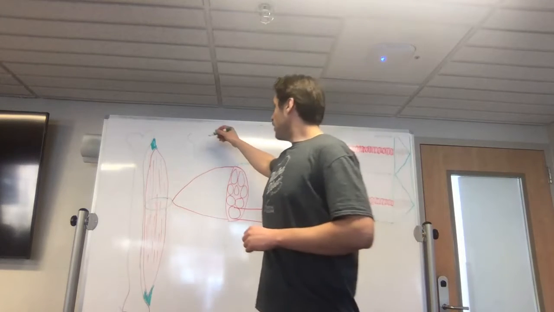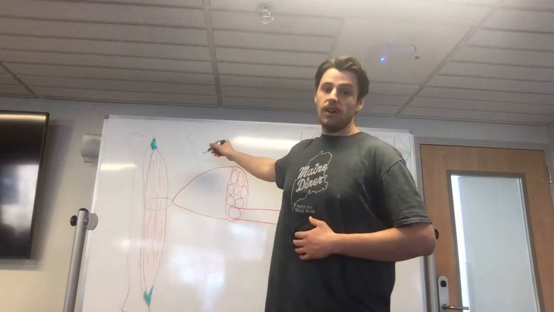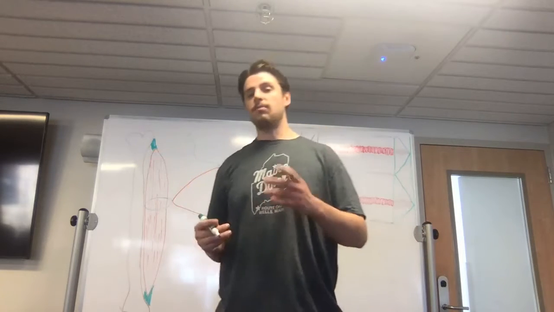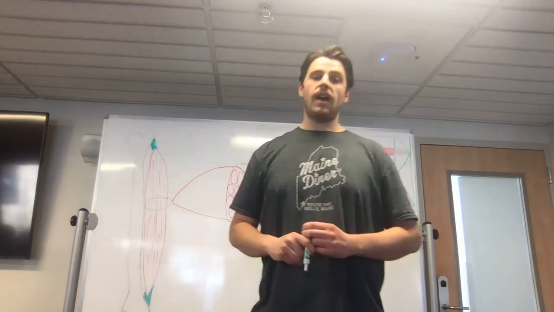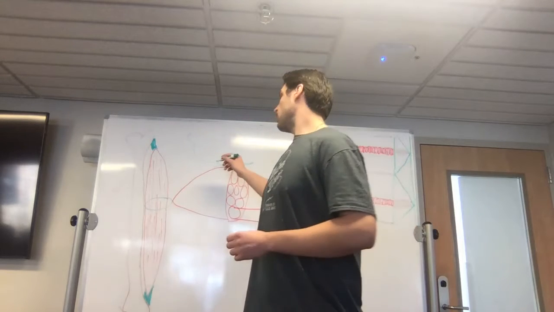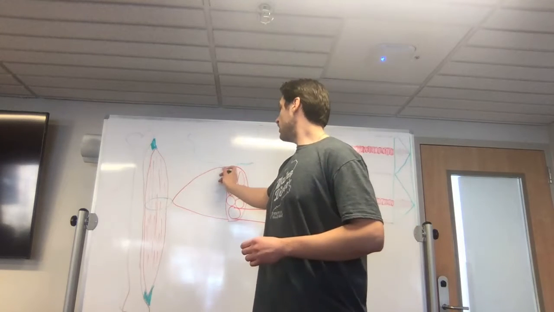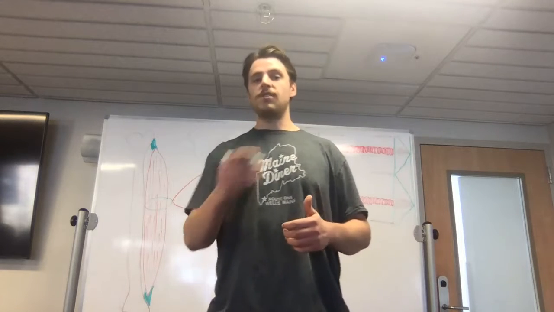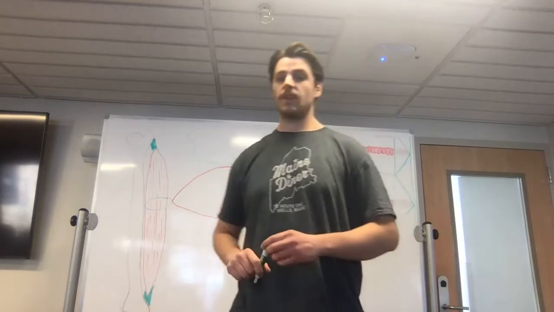And so a nerve will come down. A nerve that innervates a muscle is called a motor neuron. This motor neuron will come down and sit on a specific part of the epimysium, called the neuromuscular junction.